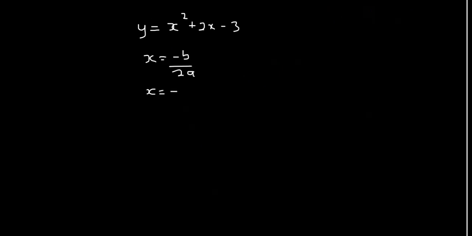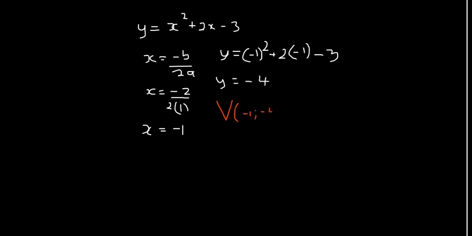Negative b is negative 2. Then open the bracket, we've got 1 in the place of a. Then our x will be negative 1. We already know that. Then to find the y vertex, we substitute that one: negative 1 all squared plus 2, open the bracket, negative 1, then minus 3. So we've got negative 1 for x and negative 4 for y.